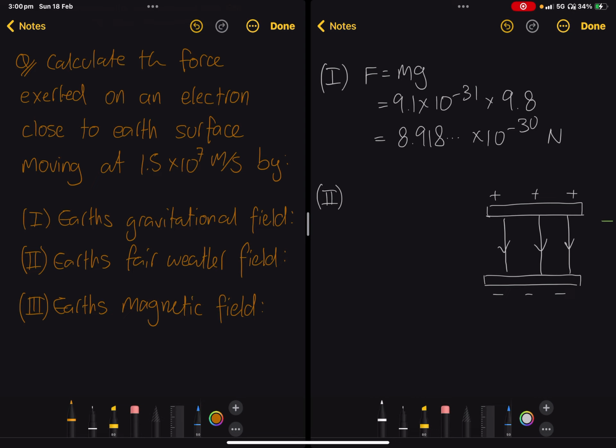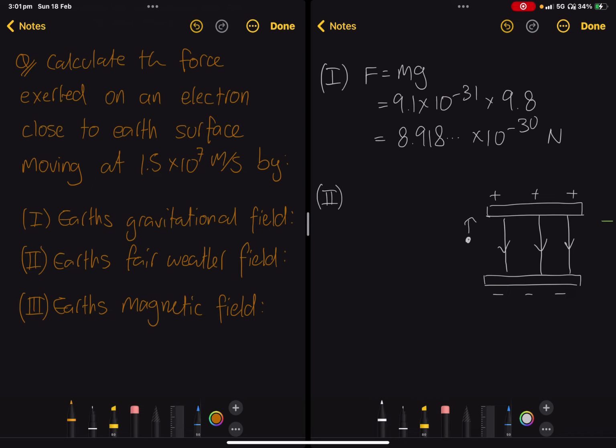Now this is an electron, so the electron is going to go up in the fair weather field because it's trying to get away from the negatives. It's trying to get towards the positives. Negatives attract positives. So here we have an electric field, and now we need to calculate the force due to the electric field.